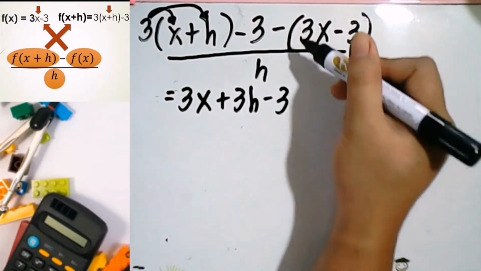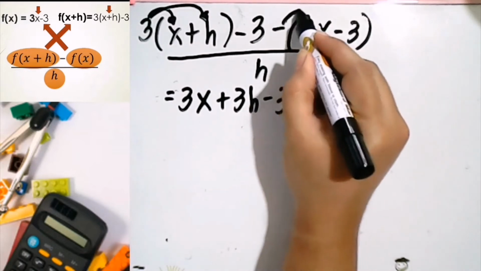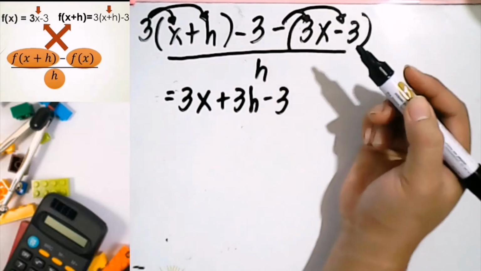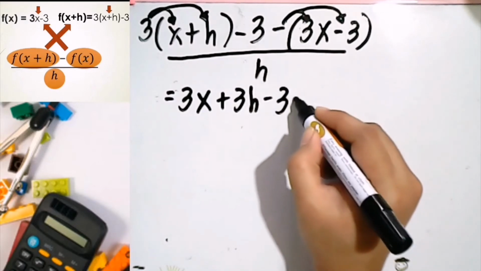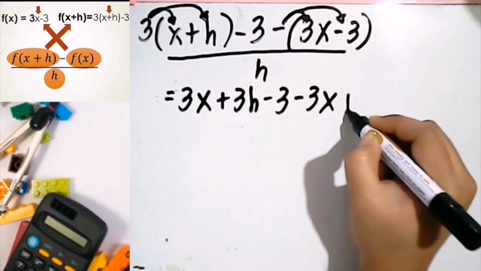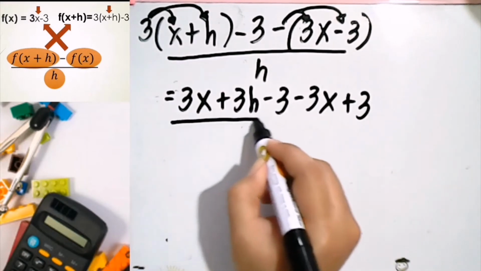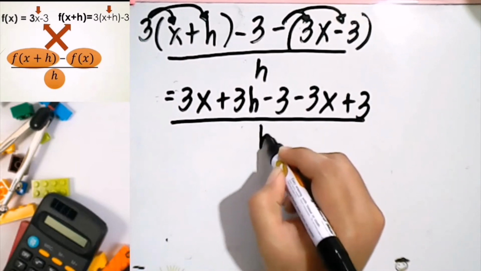And then distribute the sign. This will become negative and this will become positive. So therefore, this becomes minus 3x plus 3, and then all over h.